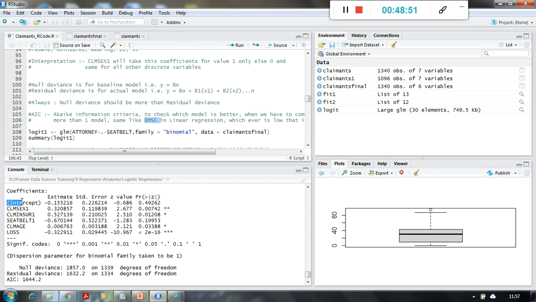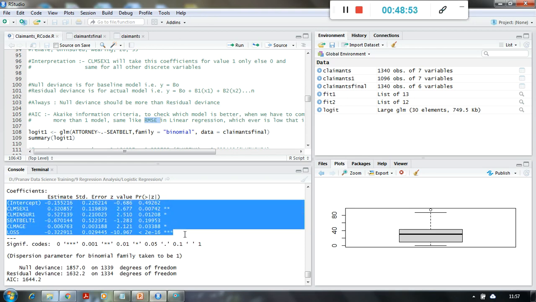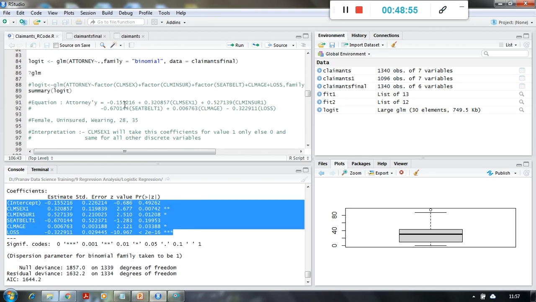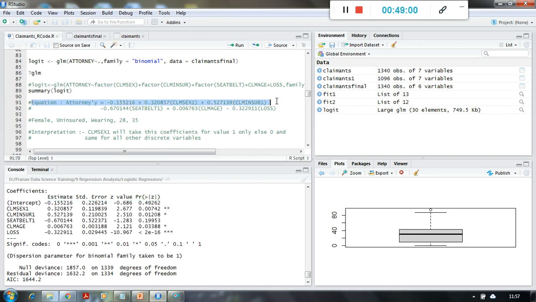Alright, so once we have these coefficients ready with us, and if I want to write an equation, how will my equation be now? This is going to be my equation. The y value which I am going to get is further replaced in that probability or logit equation, that is p equal to e to the power y divided by 1 plus e to the power y.